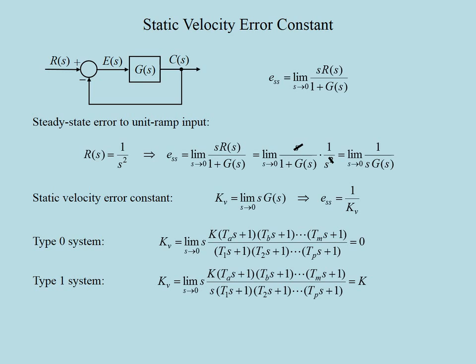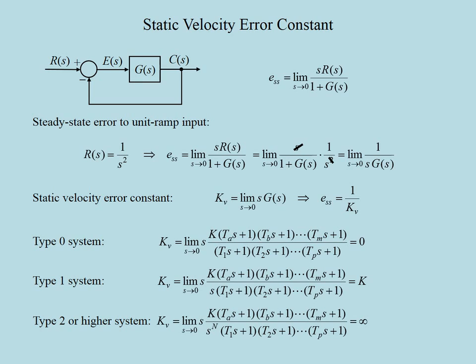For type 1 systems, it will evaluate to K. Further, for systems whose type is equal to or higher than 2, the result will be infinity. Therefore, the steady-state errors will be infinity for type 0 systems, 1 over K for type 1 systems, and 0 for systems of type 2 or higher.